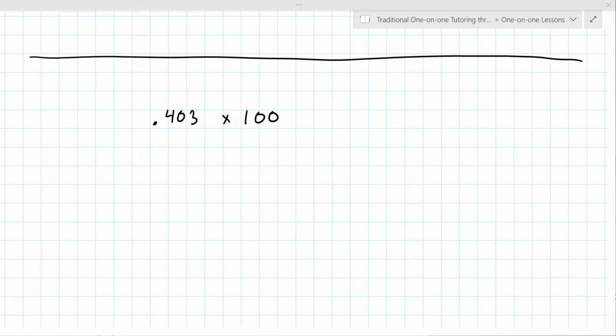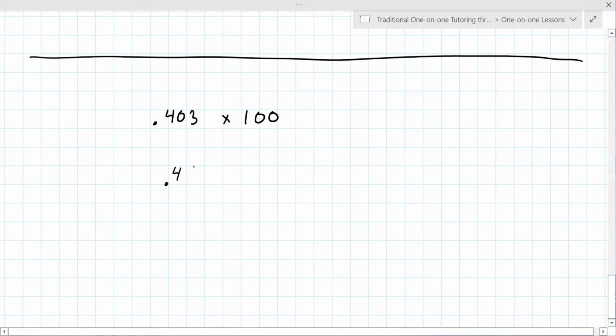Okay, I got my answer, but I don't know. Okay, so how many times to the right did you move the decimal? 2. So there's 1, and then there's 2. So see how it goes between the 0 and the 3? How do you say that number? 40.3.